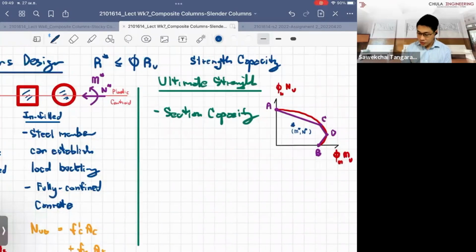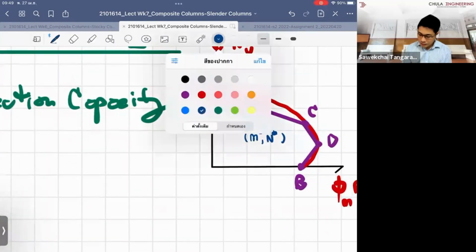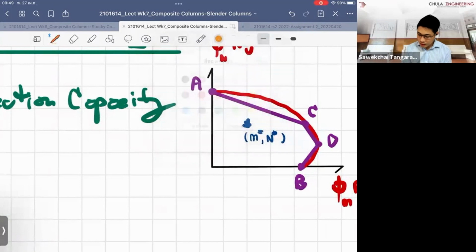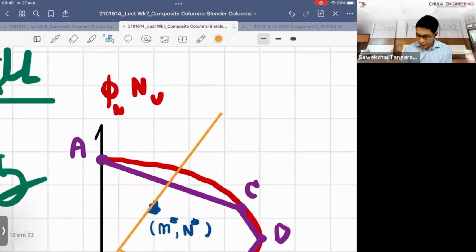If it does, it's good. So if we connect a line between the origin and the point where you apply the force, we call this the loading line.